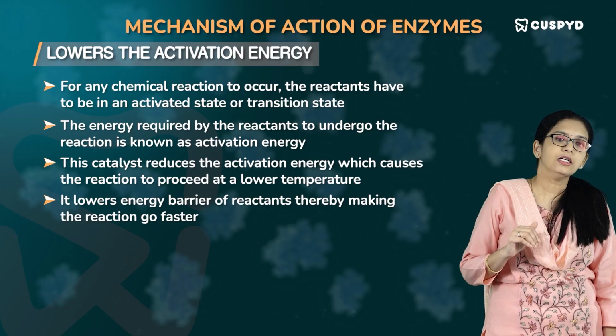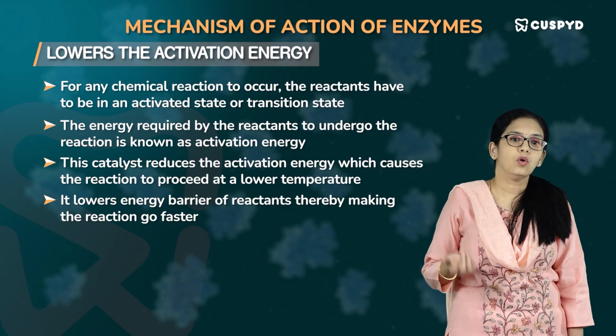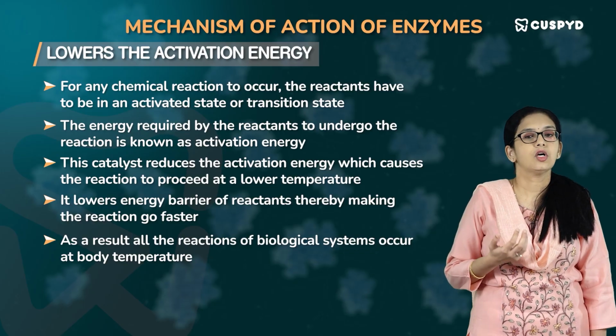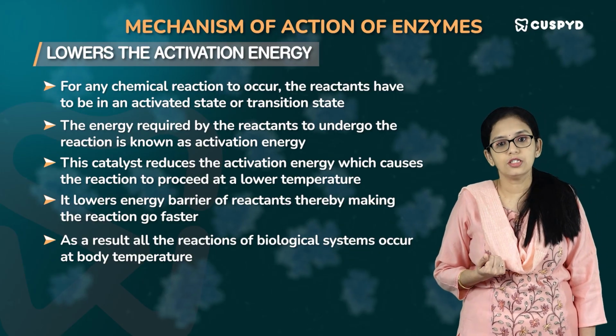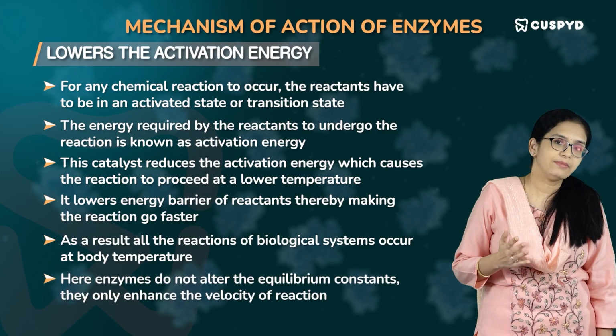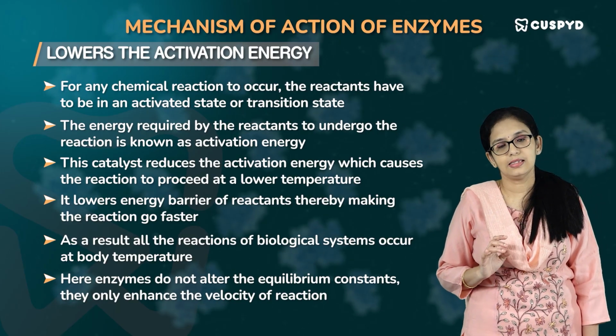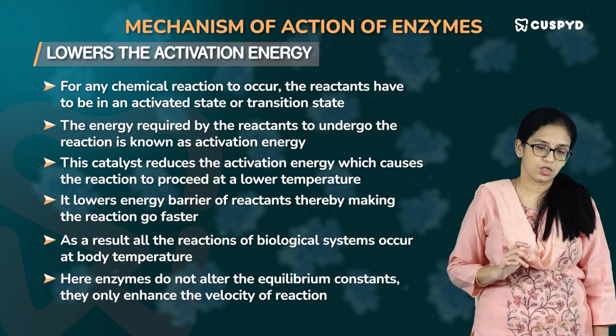It lowers the energy barrier of reactants, thus making the reaction go faster. As a result, all the reactions in the biological system occur at body temperature. Hence, enzymes do not alter the equilibrium of reactions, they only enhance the velocity of the reaction.